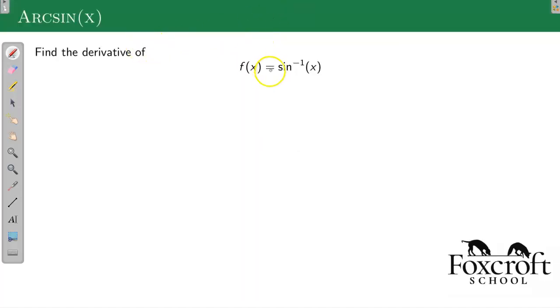So let's take the derivative of arc sine of x, which is sine inverse of x. So how are we going to do that? So y equals sine inverse of x.